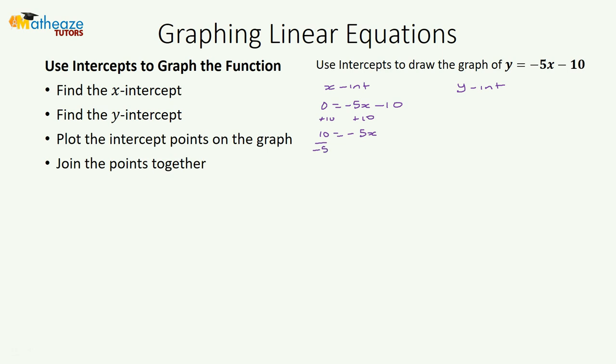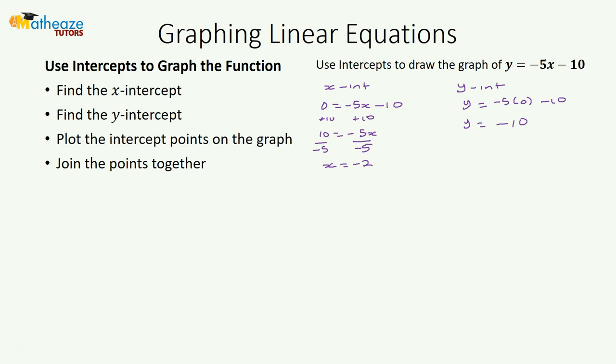You divide by negative 5. x equals negative 2. And for the y-intercept, y equals negative 5 times 0 minus 10. So y equals negative 10.